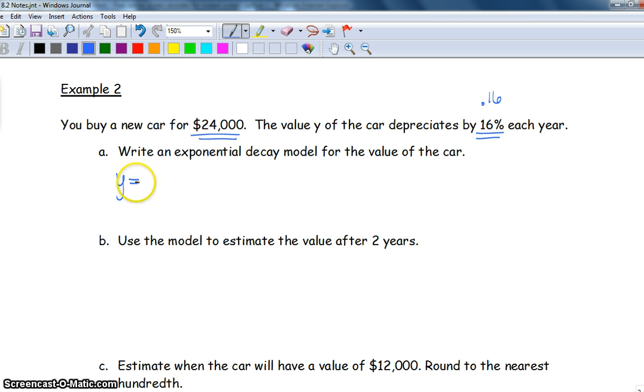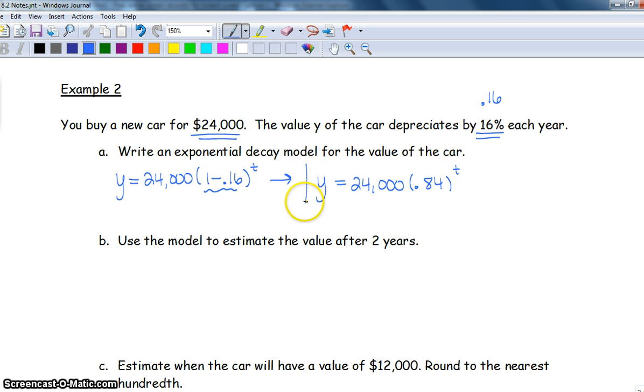So we've got y equals 24,000 times 1 minus 0.16 raised to the t power. We simplify this inside piece to get y equals 24,000 times 0.84 all raised to the t power. So there's our exponential decay model.